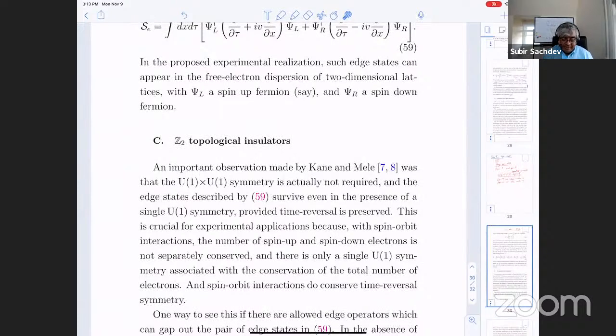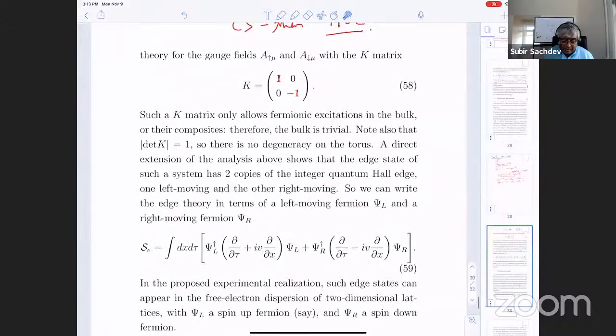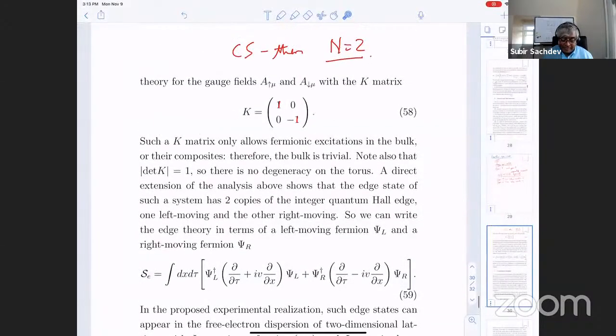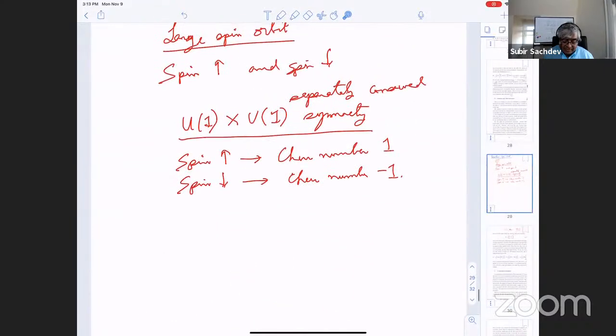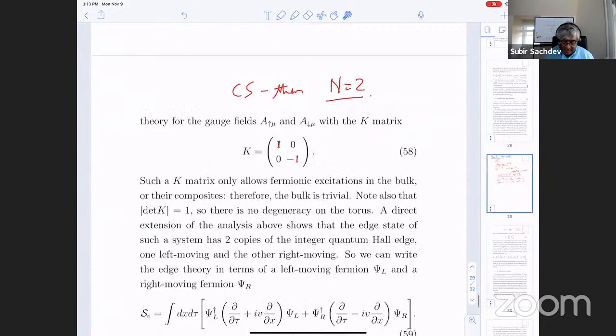The main point they made was that if you have time reversal symmetry, then in fact this U1 cross U1 symmetry is not required. That is, you could even have spin flip scattering, provided you preserve time reversal, you would still have these two edge states.